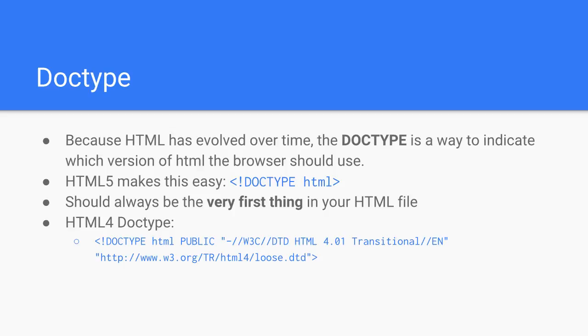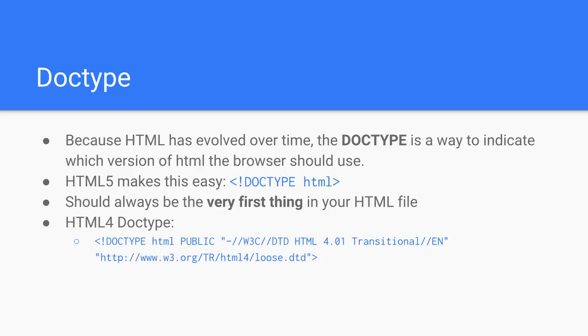So obviously we see it's a W3C, it's HTML 4.01 transitional, and this is where things get kind of crazy. With prior versions of HTML, there were different interpretation rules. Here we're using loose. There was also strict, so you could tell the browser whether to be a little more flexible or to be really strict.